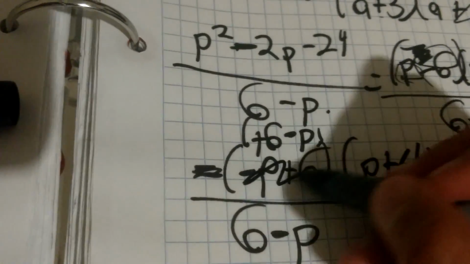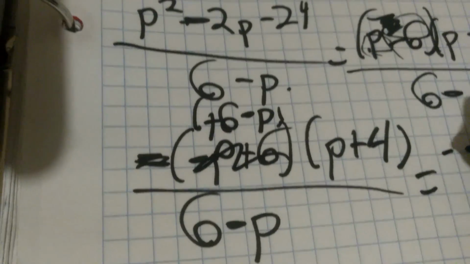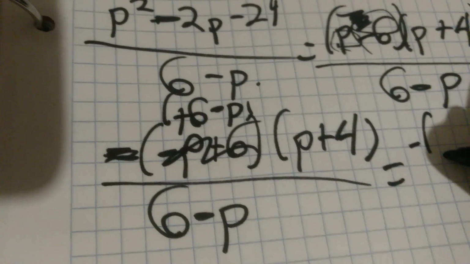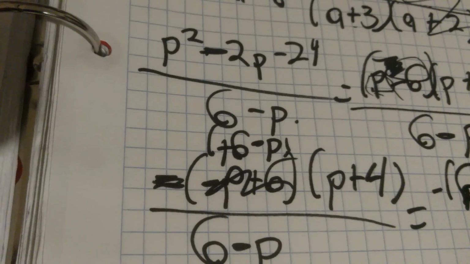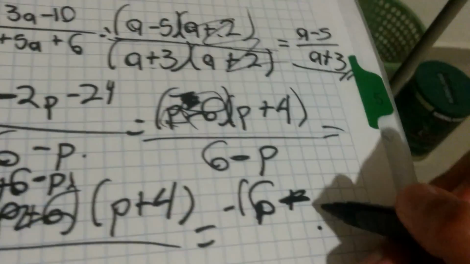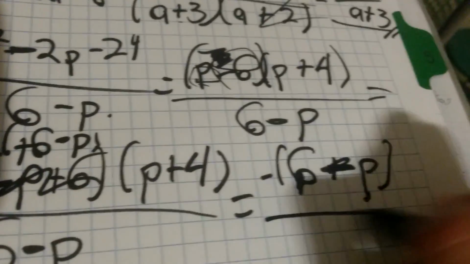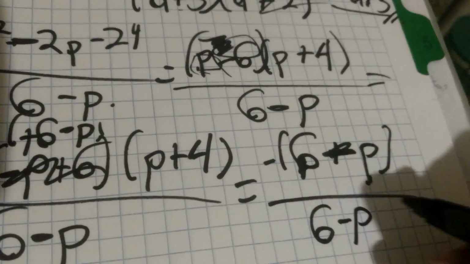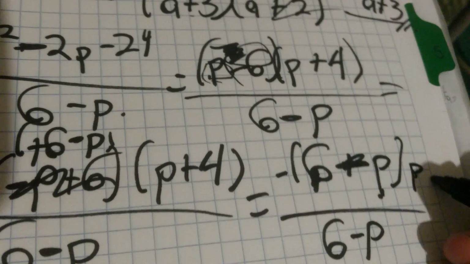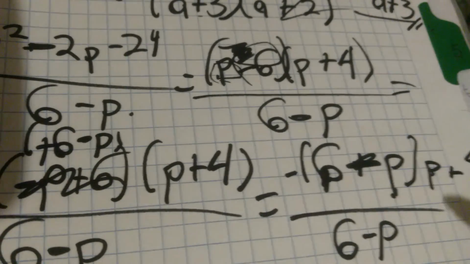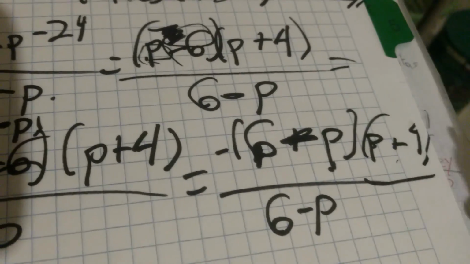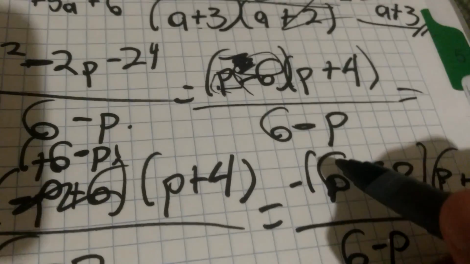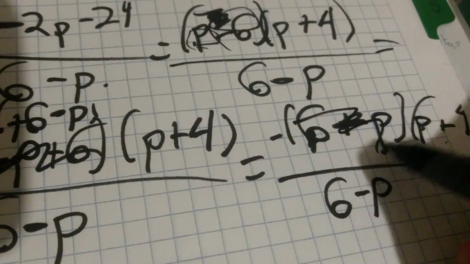So we got already the things we want: 6 minus p, 6 minus p, and p plus 4. So we cancel 6 minus p with the 6 minus p.